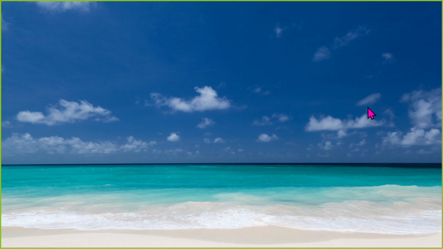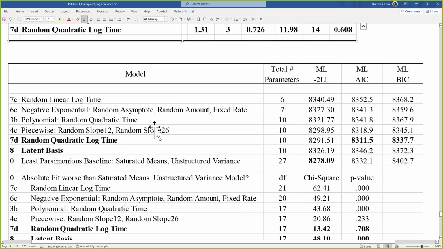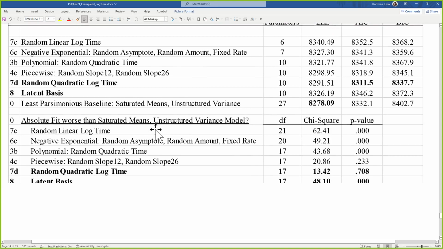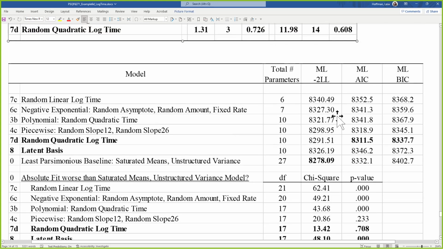What's your question first? Yeah, it is a small question because at the end of the comparison table, we can see that between families of models, the difference in terms of the AIC and BIC, for example, between random quadratic log time and latent basis, the difference is almost marginal.